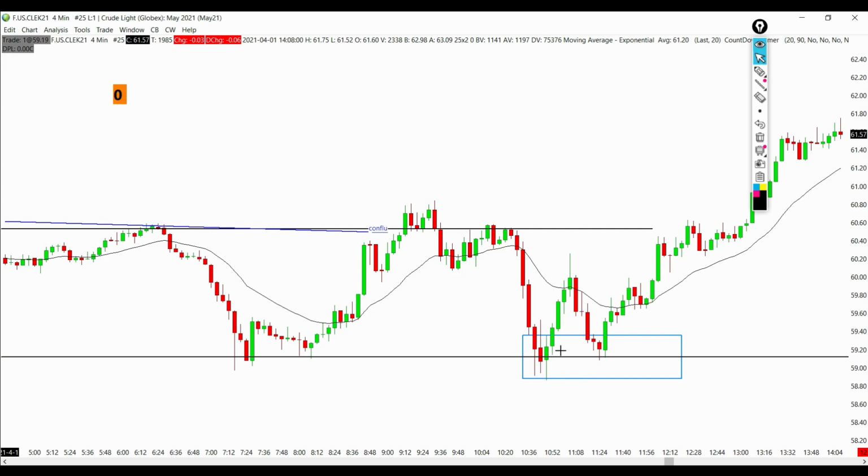Something I call deep demand or deep supply. When it goes really deep into that demand and going to that last candle, because a lot of times when it comes to supply and demand, let's say that we have a level. Okay, let's say we're going up, and then we have demand, and sometimes the market just doesn't shoot up like that. Sometimes it goes up like this and then comes back down.